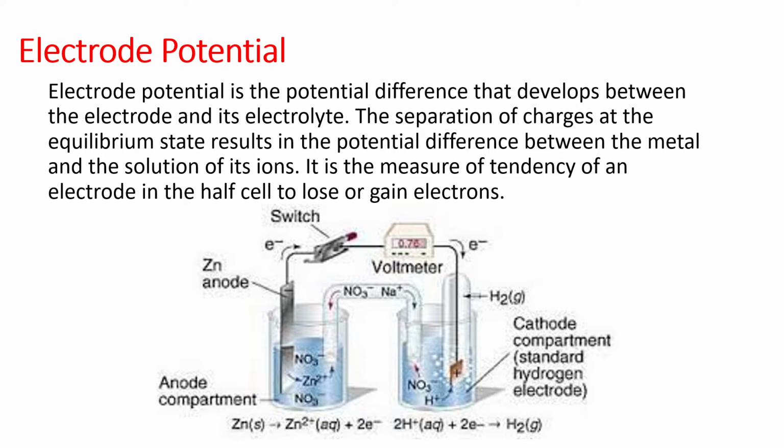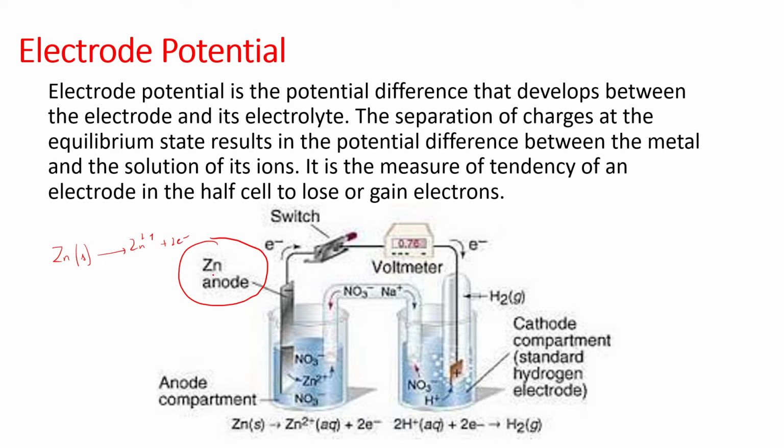The zinc electrode is converting into zinc 2 plus ions and releasing 2 electrons. Here you can see the zinc anode, the zinc electrode in solid form, is converting into zinc 2 plus ions plus 2 electrons.